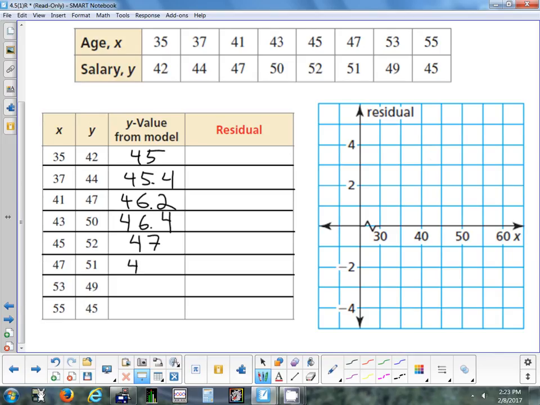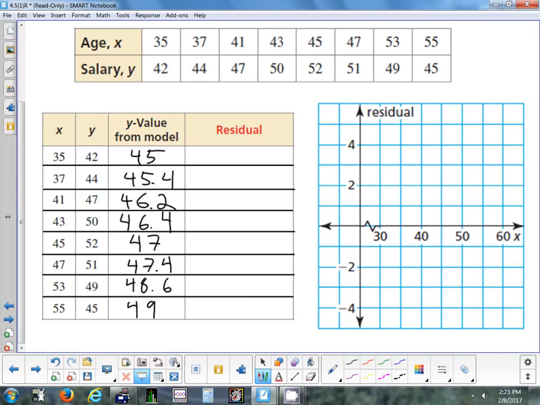You should get 47.4. Okay, how about the next y value? 48.6. Perfect. And the last one, I think you should get a nice answer without a decimal. 49.